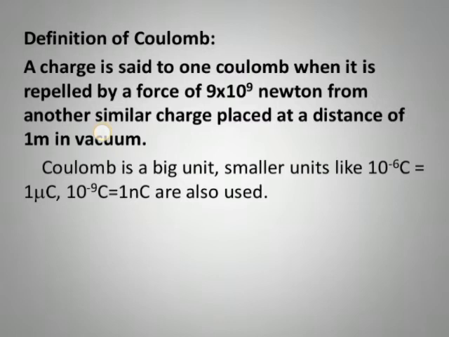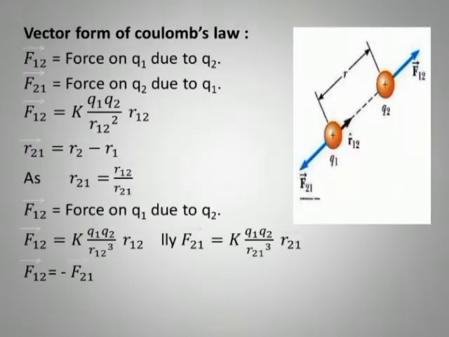Further going to another concept, that is the vector form of Coulomb's law. So I would represent my Coulomb's law in a vector form. So what is a vector? It tells you about the magnitude as well as the direction. Vector means what?